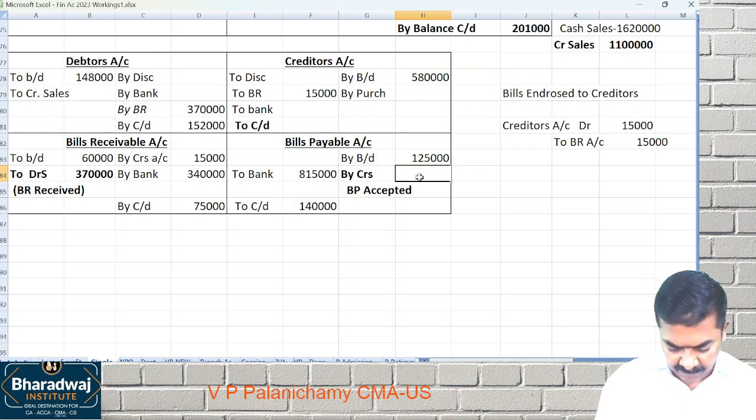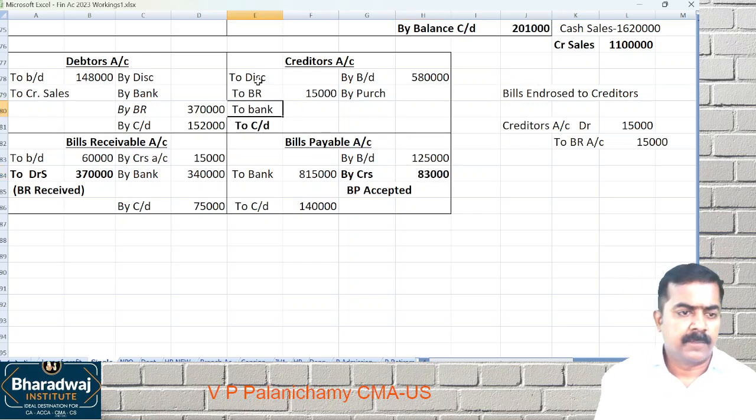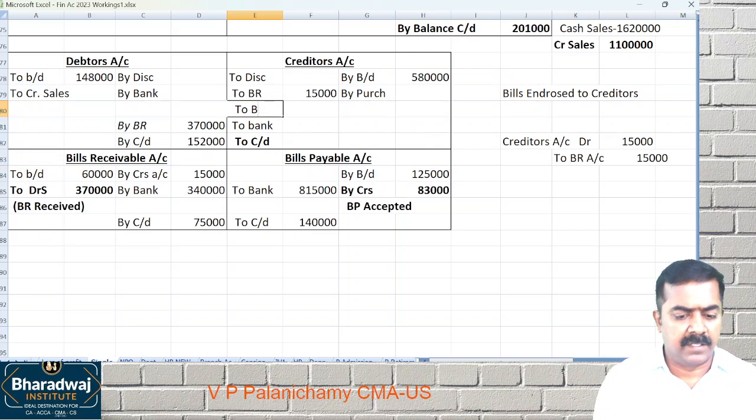Bills payable accepted to creditors, how much? 8,30,000. 8 lakh. This will come as bills payable. So bills payable accepted is how much? 8,30,000.